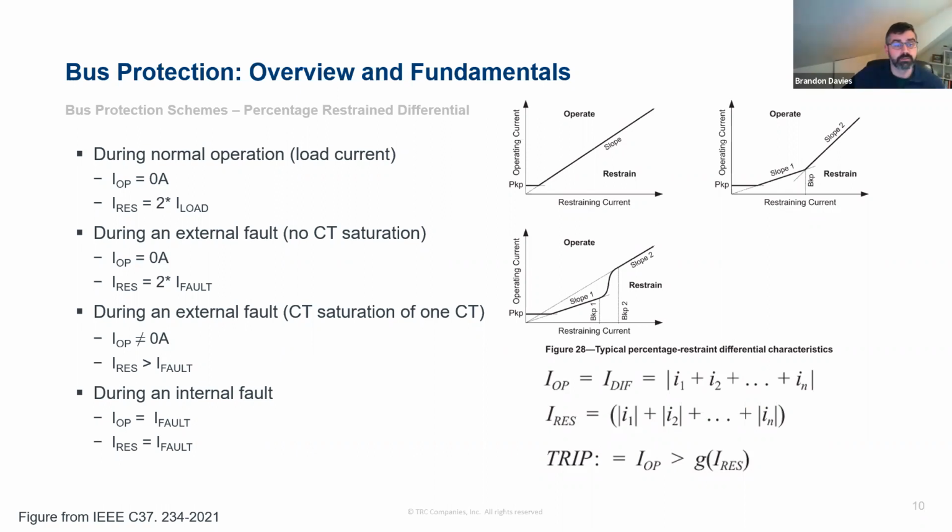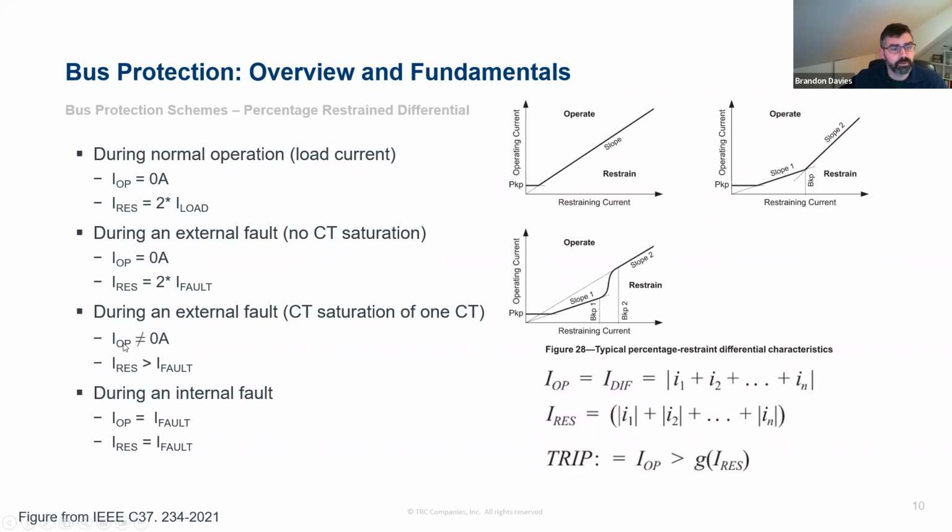And then during external fault, you may have saturation. Again, one of the CTs, the CT closest to the equipment with the fault, is going to be seeing a high magnitude of current and may start to saturate. So depending on how much error that saturation is causing is going to drive what your operate current is.